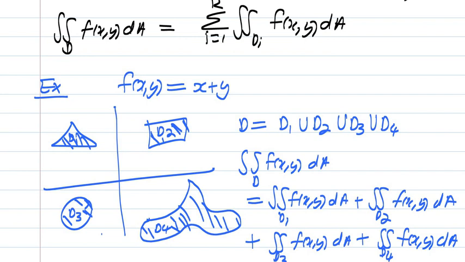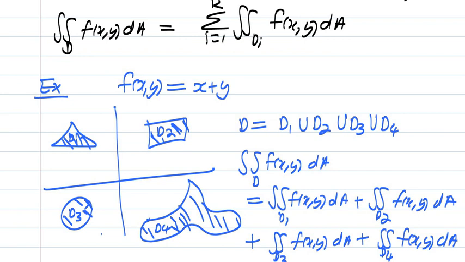And so we can apply this theorem and we can say that because f is integrable over each of the regions D1, D2, D3, D4, f is integrable over region D, D being the union of these 4 disjoint sets.